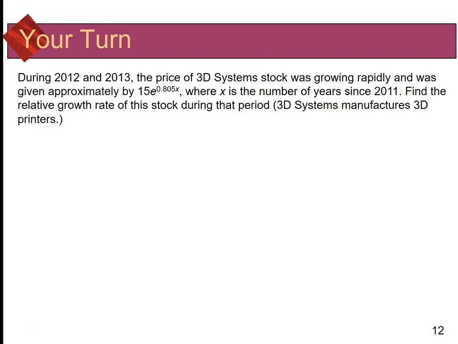They want you to find the relative growth rate of the stock during that period. 3D Systems manufactures 3D printers. So take a moment, make the necessary calculations, and we'll talk about what the relative growth rate of this stock was during that time period.